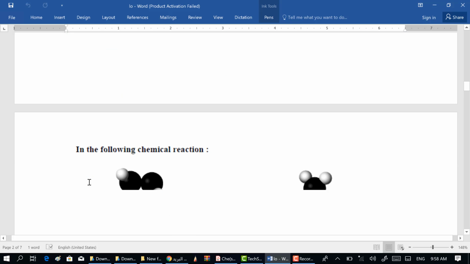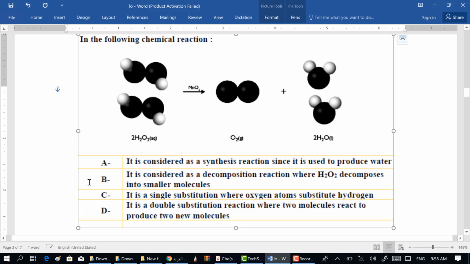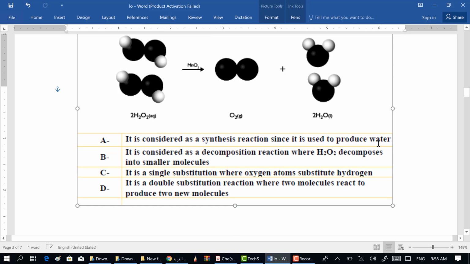In the following chemical equation, it is the decomposition reaction of hydrogen peroxide by the effect of the catalyst manganese dioxide, giving us oxygen and water. It is considered a synthesis reaction that can be used to produce water? It is considered a decomposition reaction, where the hydrogen peroxide is decomposed into smaller molecules.